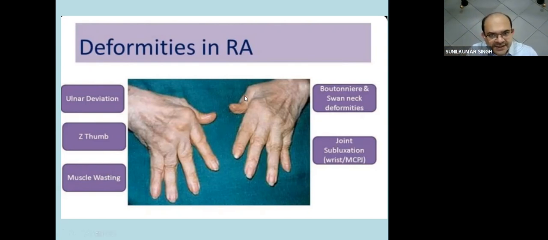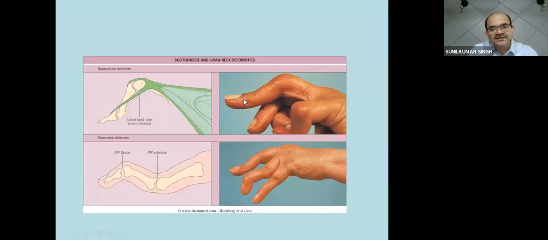And then there is the Z deformity of the thumb that happens. And at the level of the fingers, you can see that there is this well-known boutonniere deformity and swan neck deformity, where we are seeing, say, for example, the boutonniere deformity. You can clearly see that there is flexion at the PIP joint and extension at the DIP, whereas for the swan neck deformity, we are seeing it's exactly the opposite way.